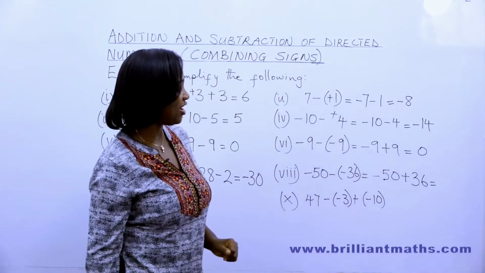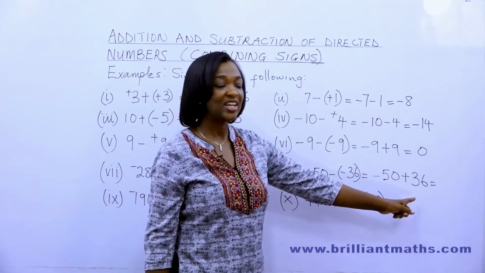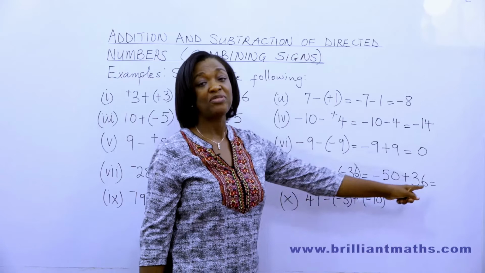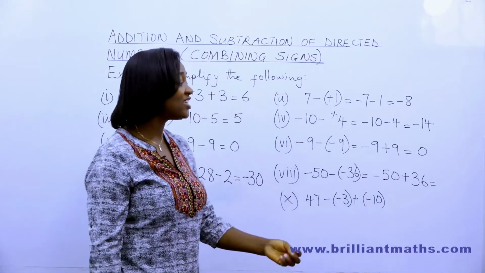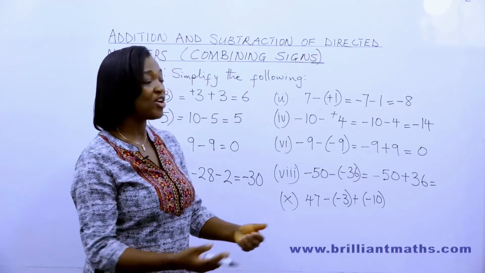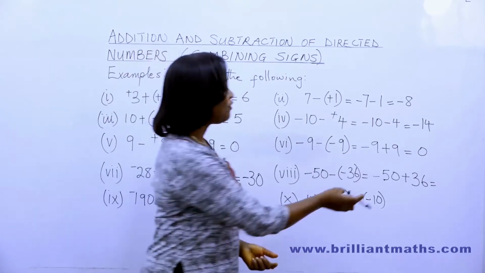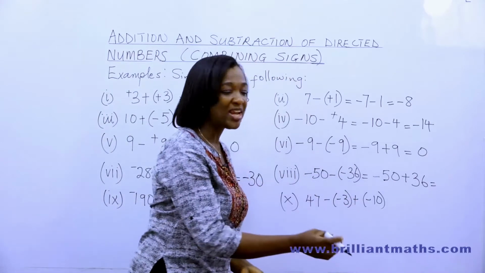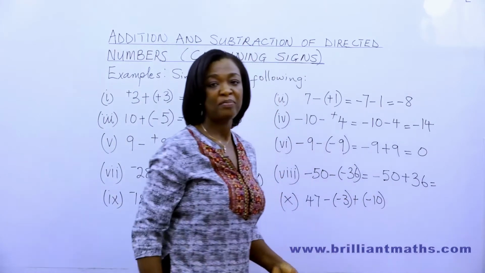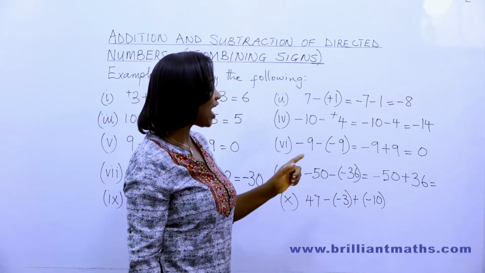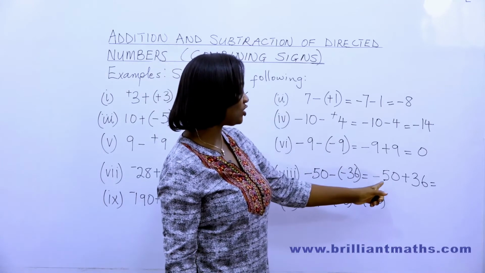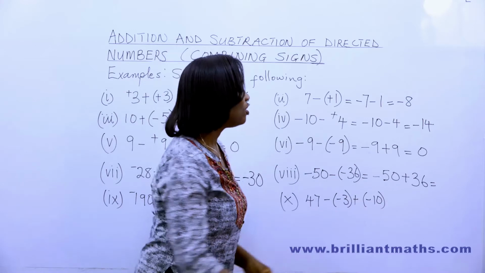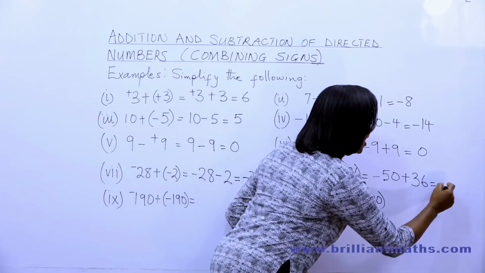And over here, we are supposed to take 50 from 36. So is the answer going to be positive or negative? Since 50 as a number is bigger than 36 as a number, the answer would have the sign attached to 50. So 50 is negative, so our answer is definitely going to be negative.